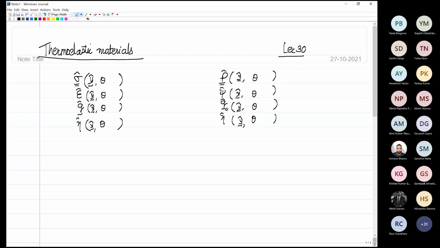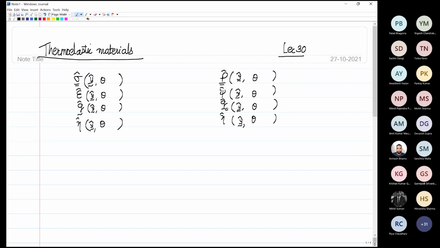Anything else? For the heat flux, what kind of relation have you seen in your undergraduate course? This heat flux within the body is actually due to conduction, right? It's due to conduction that the heat flows within the body. So conduction is proportional to what?